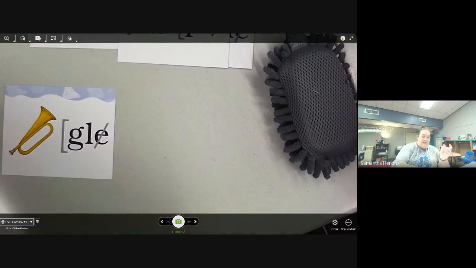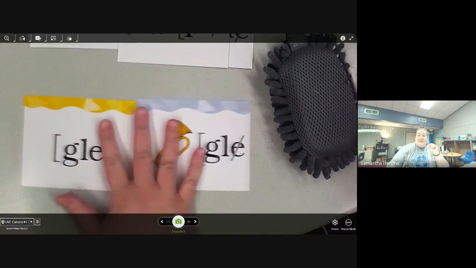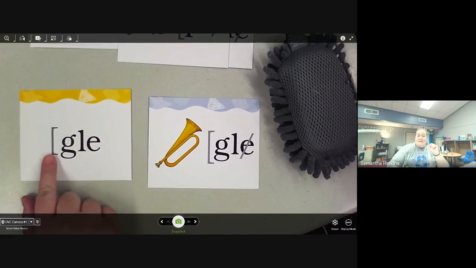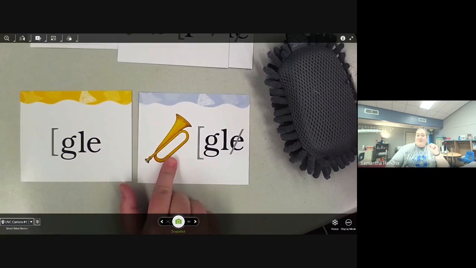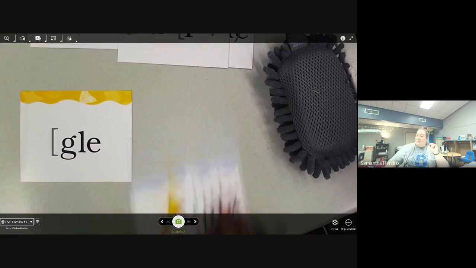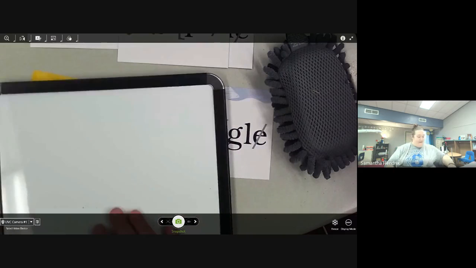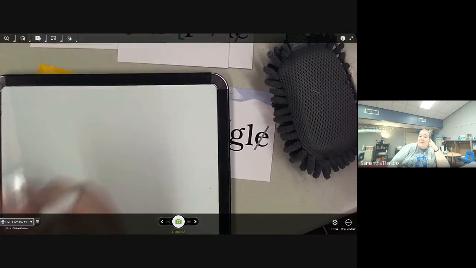Here's one that is in our literacy first that I test you on. Final syllable, GLE, bugle, goal. So this word, in our literacy first stuff, we have words that follow this.